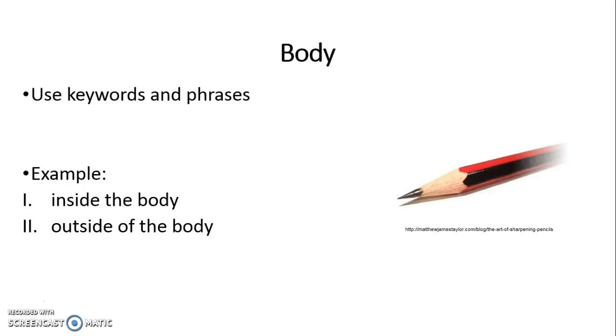So, in my speaking outline, using those same examples from before, I know that I can convert that first main point to inside the body and the second main point to the outside of the body. Because this is what I'm going to use during my speech, I don't really need to have that full sentence there.